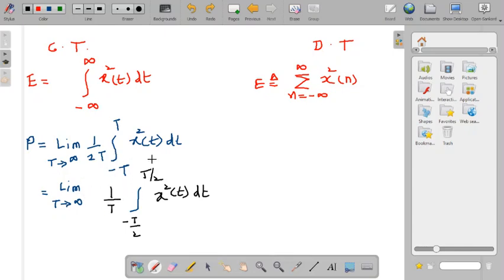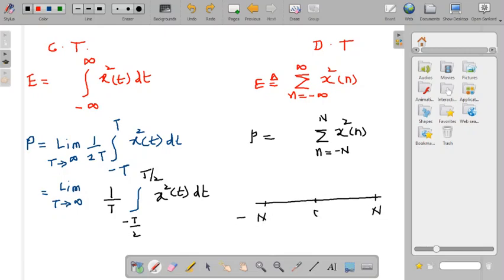So this is the way we can write the equation of power in case of a continuous time signal. In case of discrete, power is given by the summation, n going from, let's say, minus N to plus N of x square n. This is as it is, but here you observe the base time is given from minus N to plus N, including this 0.